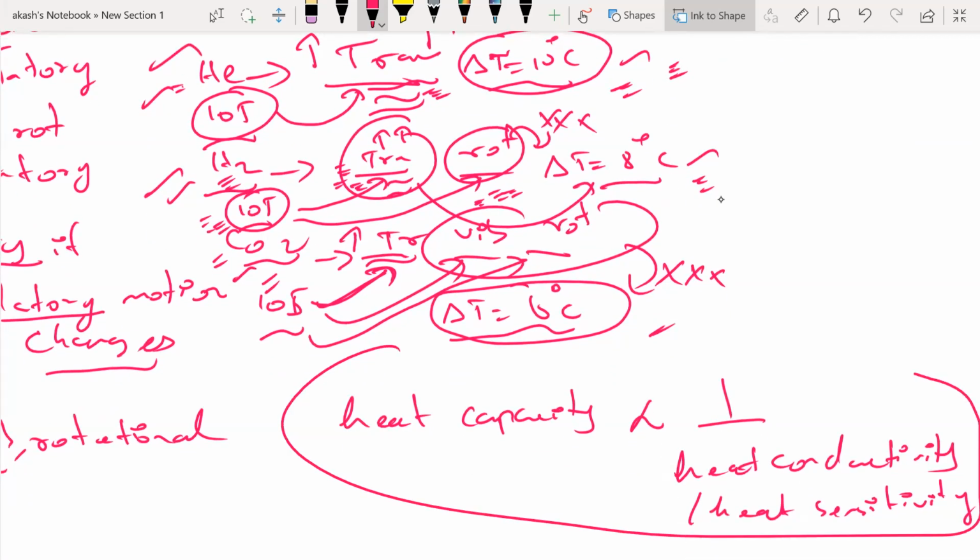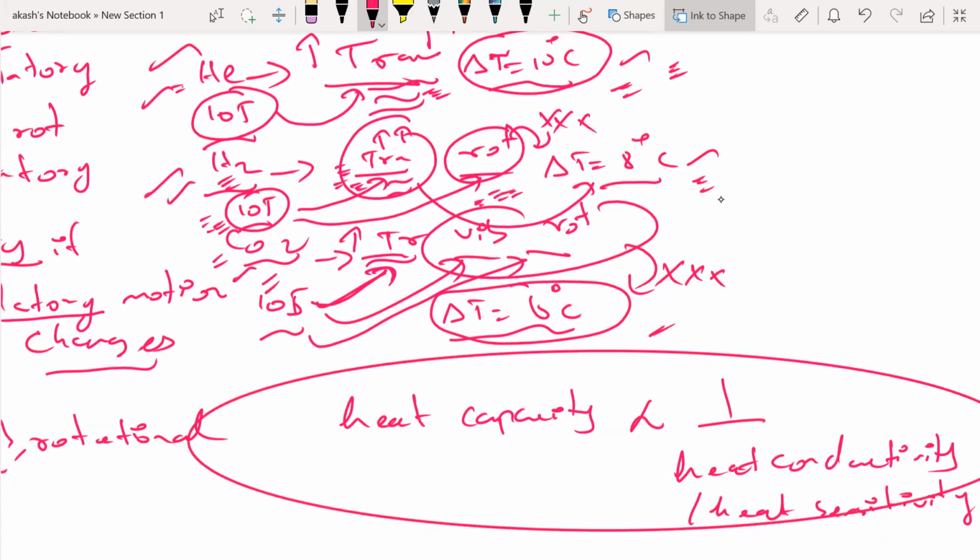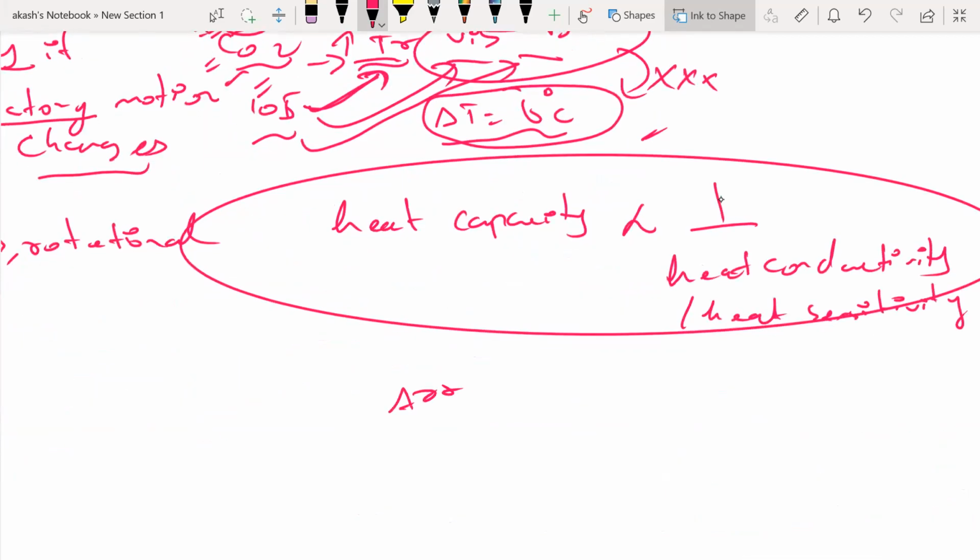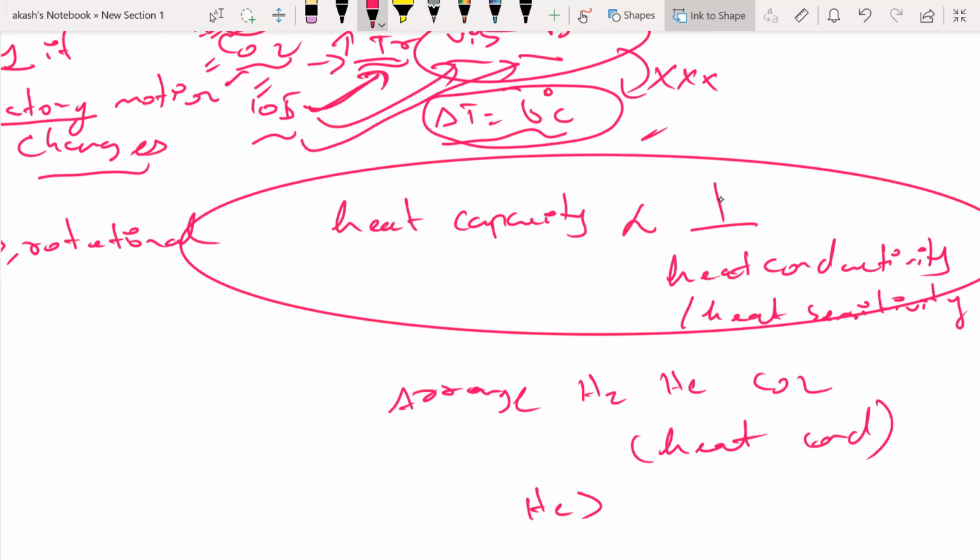Heat capacity is inversely related to the heat conductivity or heat sensitivity of the particle or molecule. The higher the heat capacity, the lesser the heat conductivity. You can understand. Say if I ask you to arrange H2, helium, and CO2 in the order of their heat conductivities, you can easily say that H2 is a better conductor than CO2.